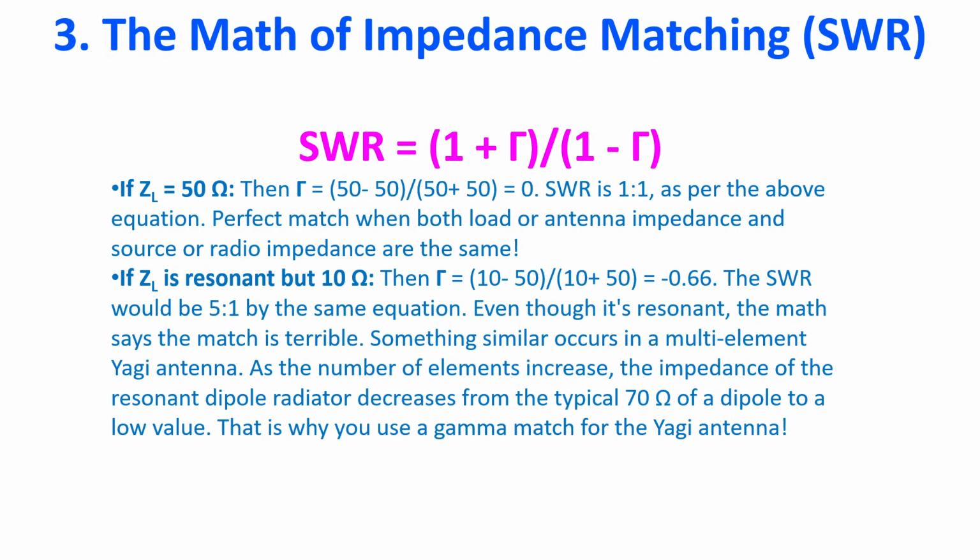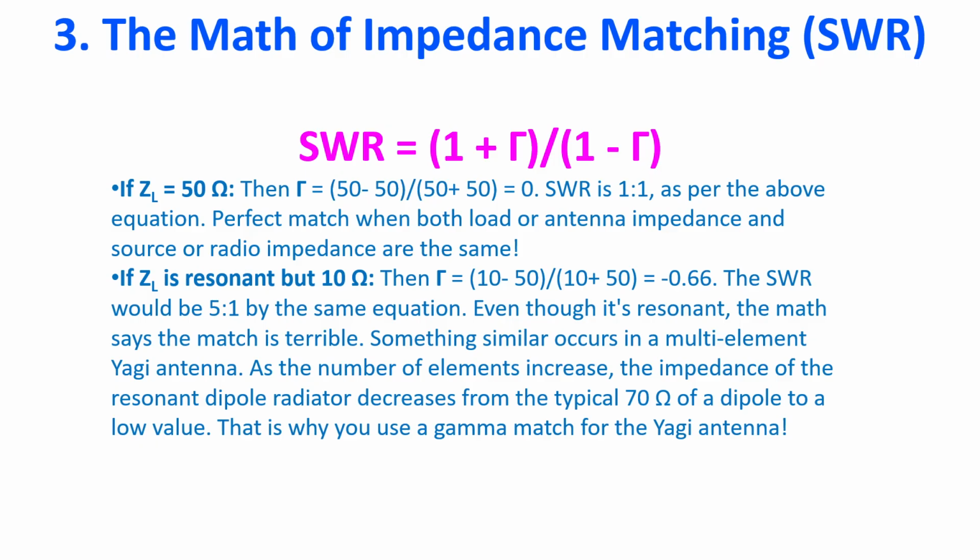That brings us to the math of impedance matching or SWR. Impedance matching uses the reflection coefficient gamma, capital letter gamma, to see how much energy bounces back from the antenna because the load impedance doesn't match the source impedance, that's the radio, usually 50 ohms.